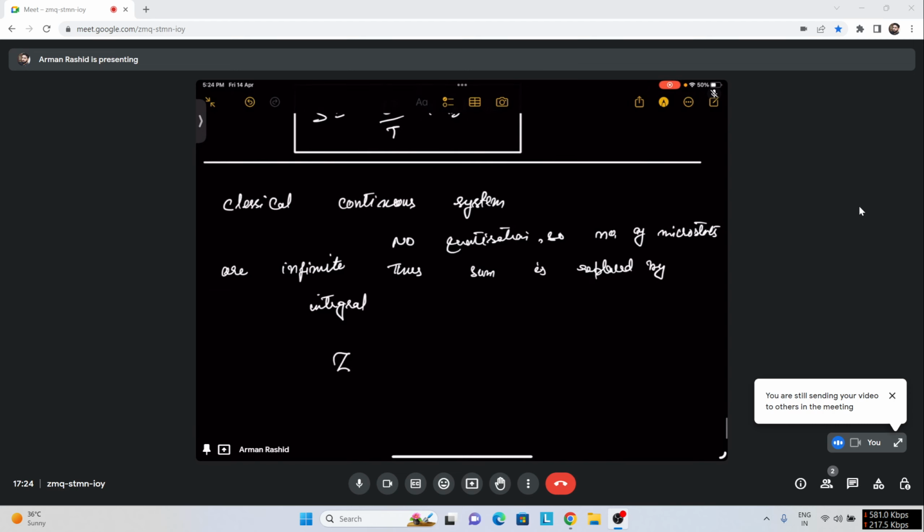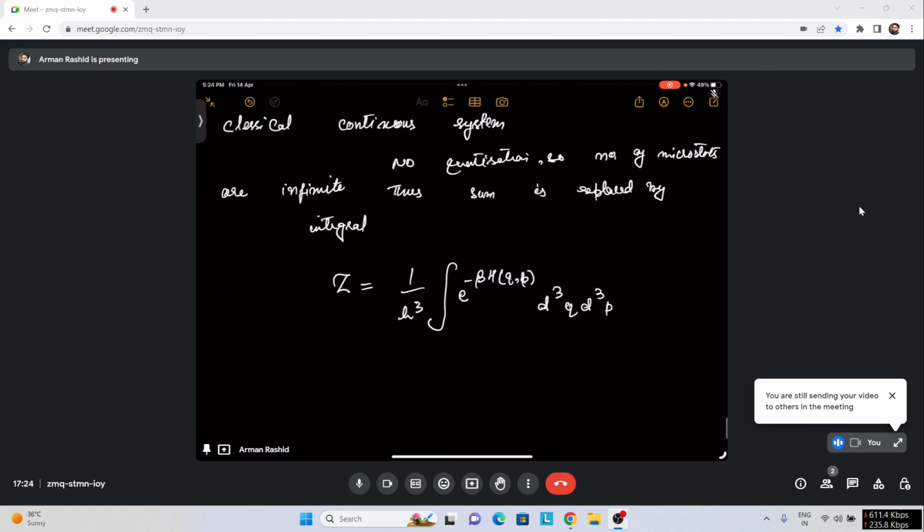So Z is written as 1 by h cube, integral of e raised to the power minus beta H, which is a function of q and p, d3q d3p.